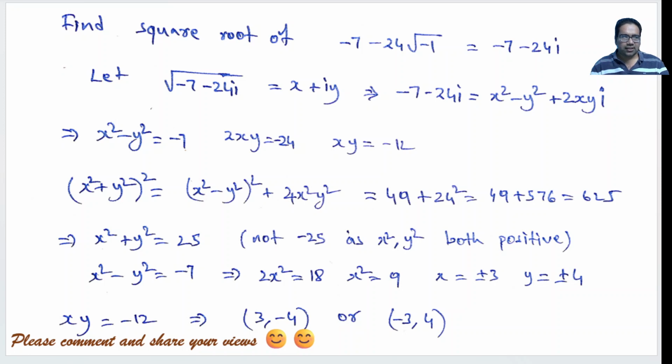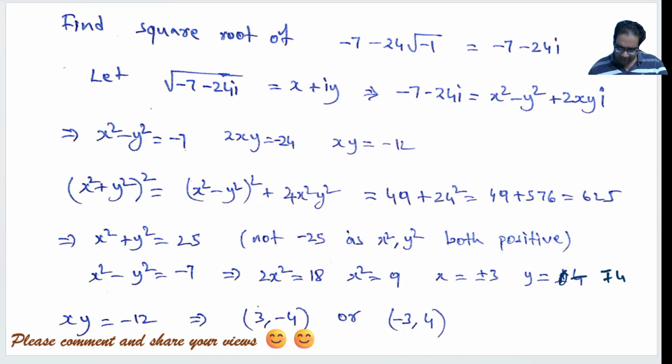So x is 3, then y should be -4, or x is -3, then y should be 4. You can write this as minus or plus 4, which is probably a better representation. So when x is positive, y should be negative, or when x is negative, y should be positive.